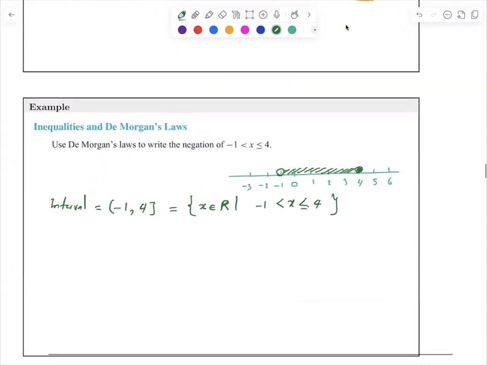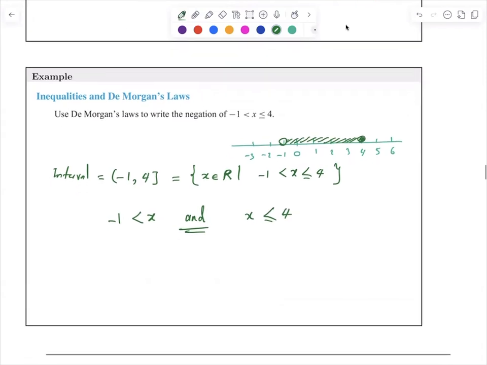If I want to apply De Morgan's law, this statement says that I'm looking at all x values such that x is more than -1, and at the same time, x is less than or equal to 4.